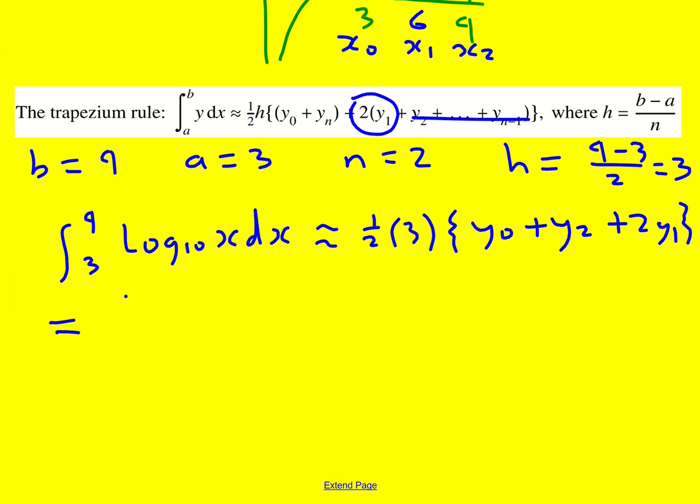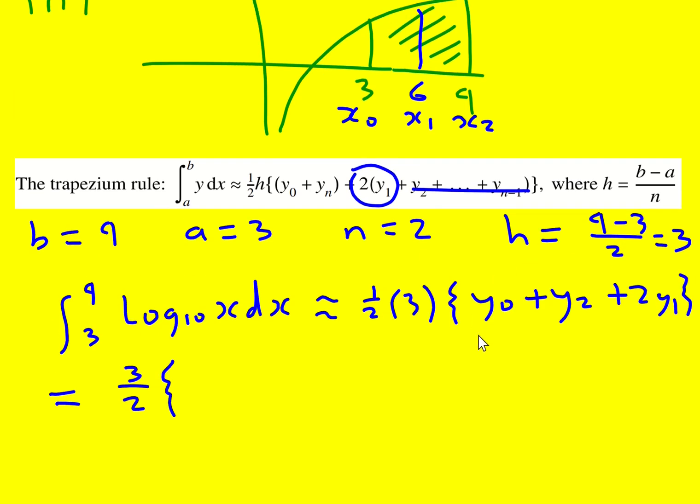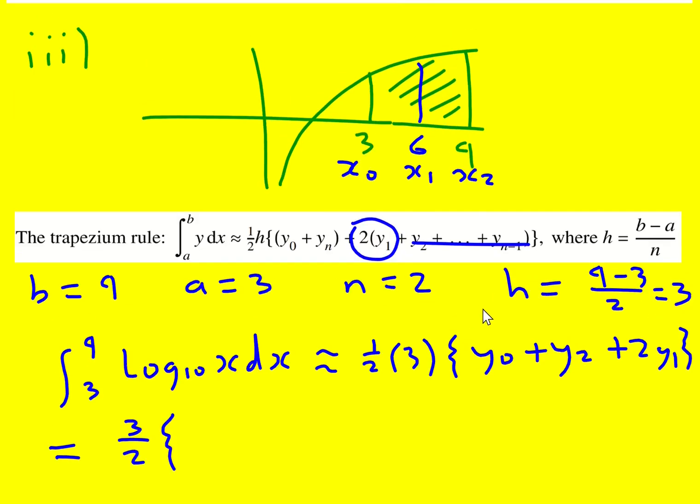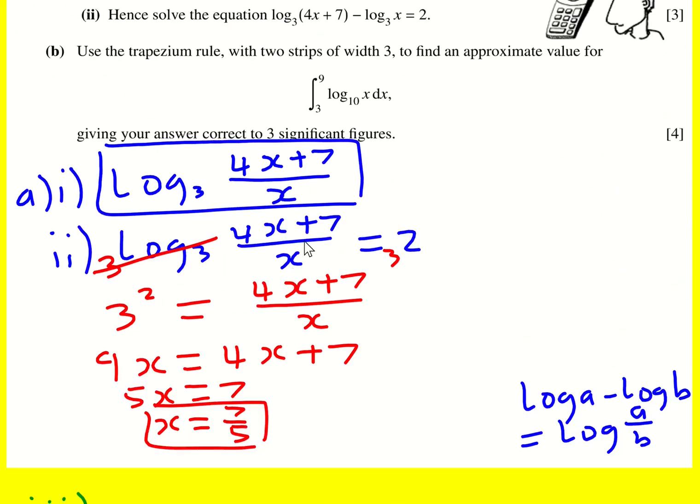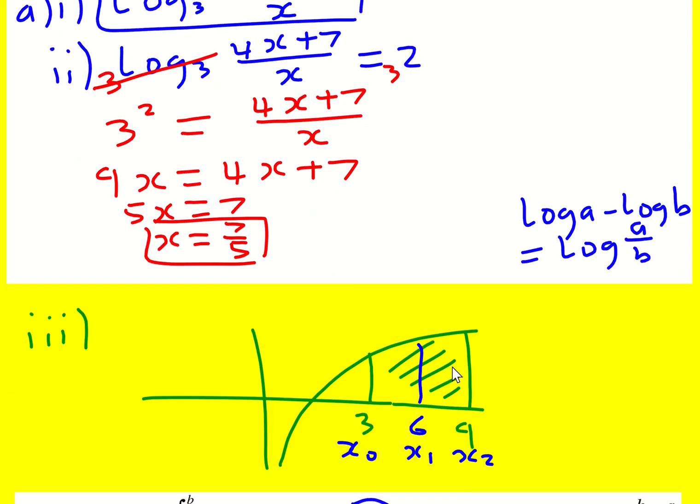Okay, so this is going to equal 3 over 2 times the curly bracket. So y naught is going to be my value of y when x is x naught, so when x naught is 3. If I substitute that in, remember my function is log to base 10 of x.